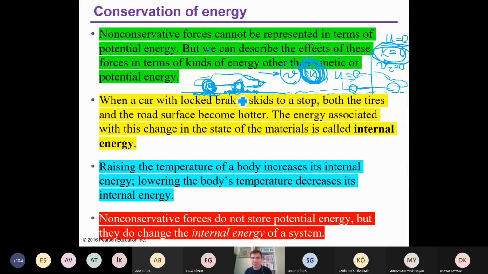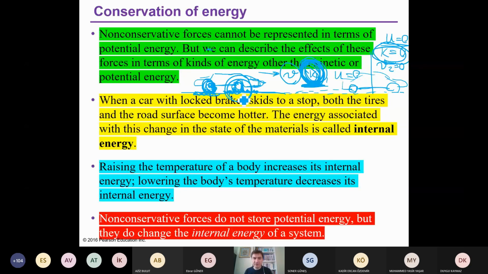So this kinetic energy will go to the rubber tires and also to the road to increase their internal energies, to increase their temperatures. This kinetic energy is spent to increase the temperatures of the road and rubber tires, okay? So then what happens?